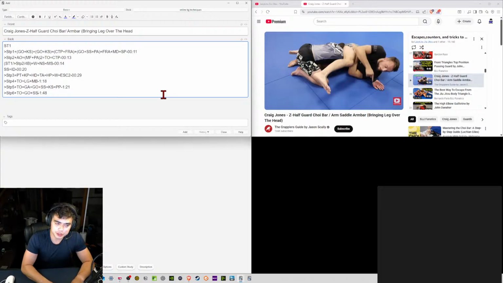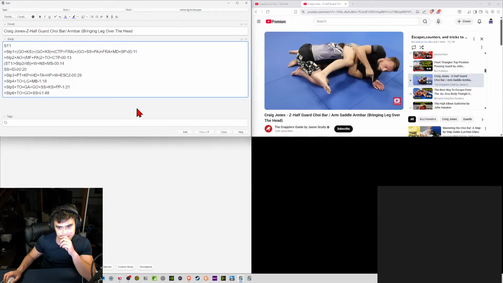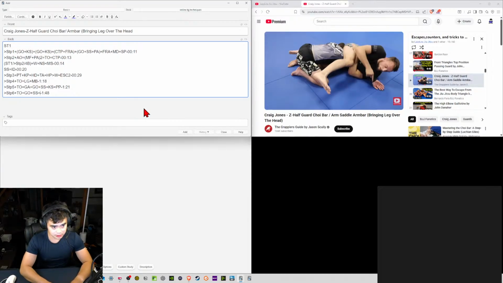Go over plus sweet spot. Take opportunity equals go over plus sweet spot. Let's go around.